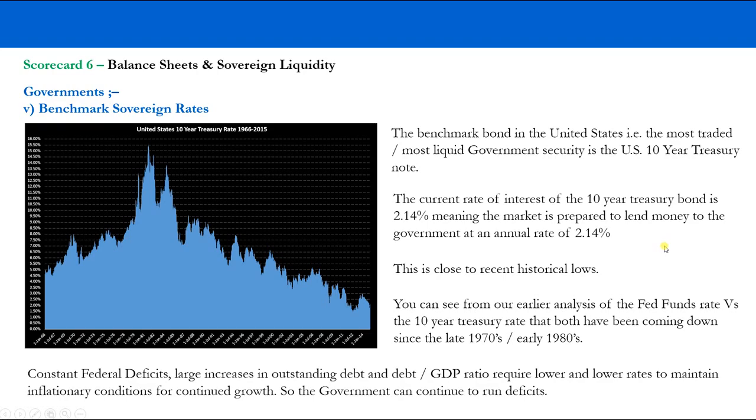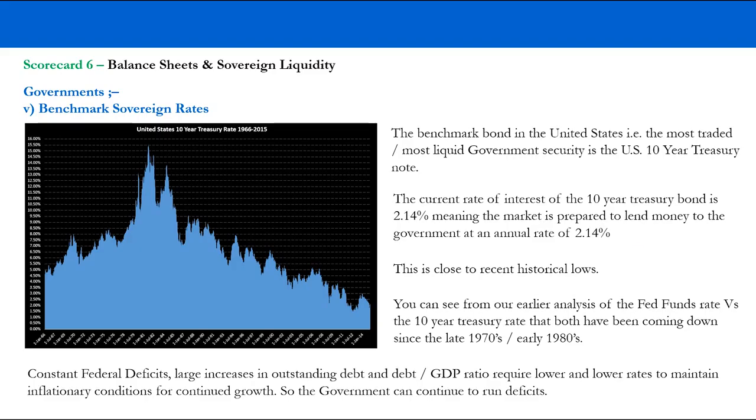And you can see from our earlier analysis of the Fed funds rate, when looking at it in this context versus the 10-year Treasury rate, that both have been coming down aggressively since the late 1970s, early 1980s.